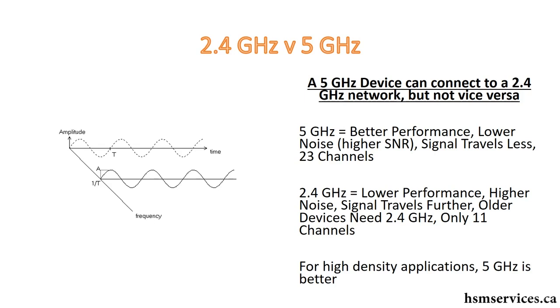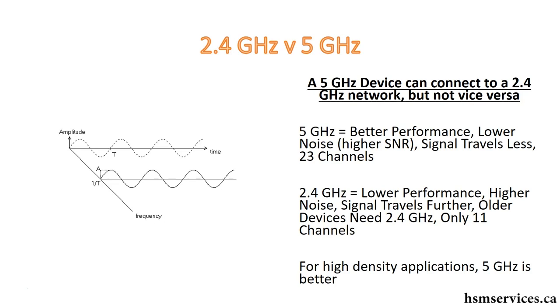And the other thing you can think about is 5 gigahertz has 23 channels. So in a high density application where many APs overlap, you have many channel choices that you can use to make sure the overlapping APs don't use the same channel.